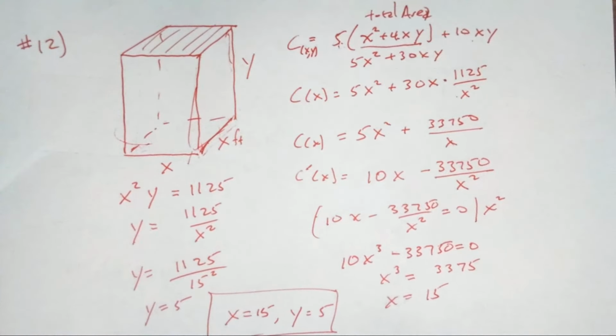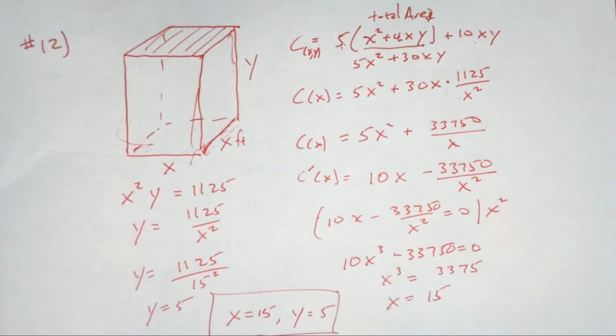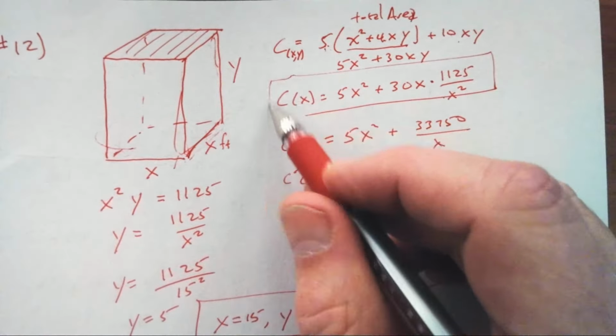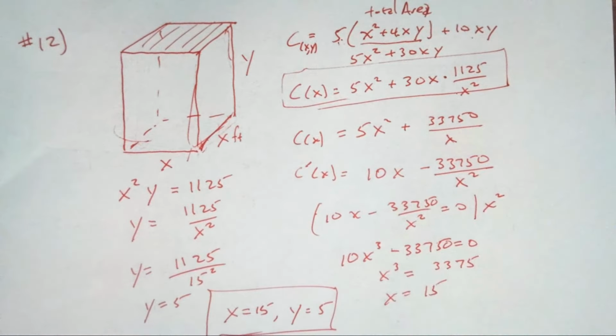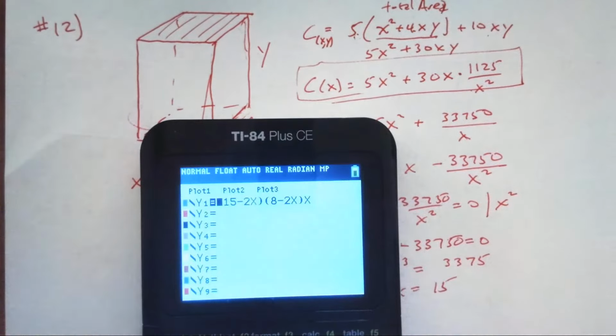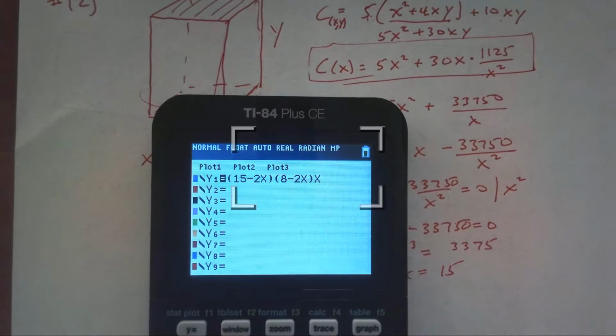Again, we could come up with a graph for this. It wouldn't be a bad time to grab a graphing calculator and just check this, to get comforted by this solution. I'm going to darken this up just a little bit for you.